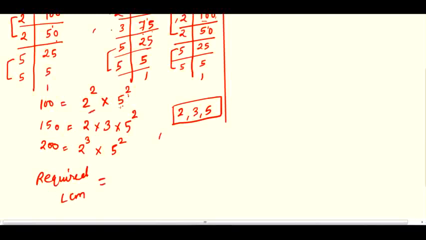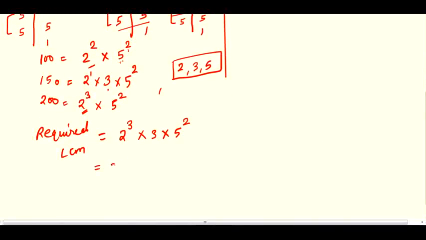As you can see, we are having 2 to power 2, 2 to power 1, 2 to power 3. 2 to power 3 is greatest, so write 2 to power 3, into only 3 we are having, so we have to write only 3, into. Now in this 5, as you can see, 5 to power 2 in all factors we are having, so simply write 5 to power 2.